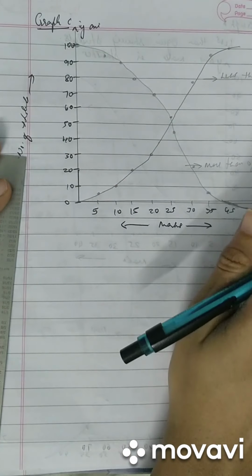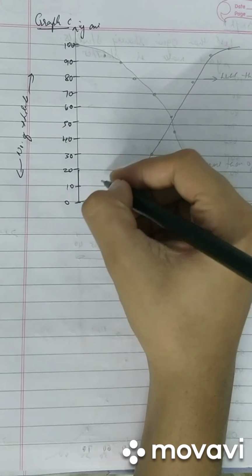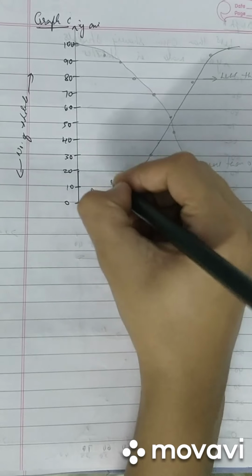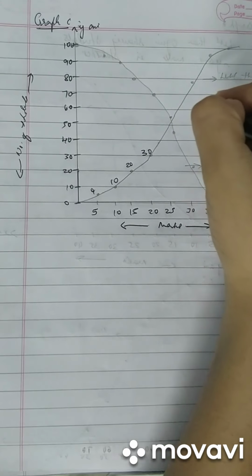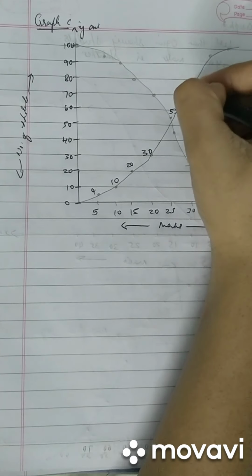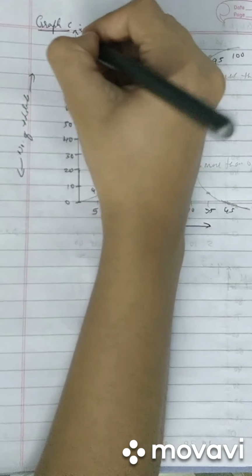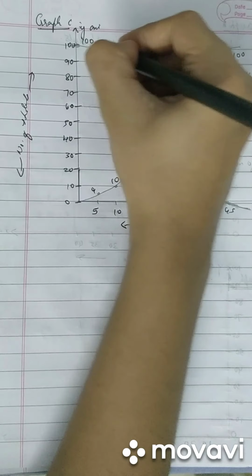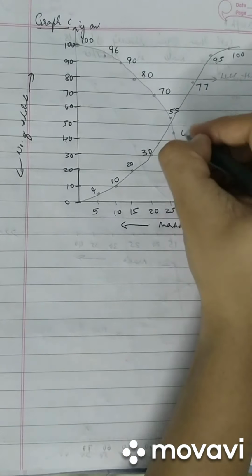This is a less than, more than ogive. So keep marking the points. It is 4, 10, 20, 30, 55, 77, 95 and 100, and the same goes here: 100, 96, 90, 80, 70, 45, 23, 5 and 0.